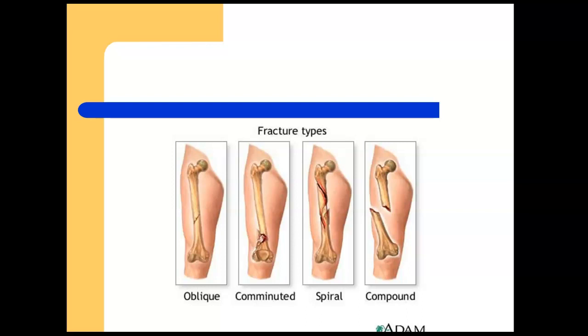An oblique fracture, a break occurs at an angle across the bone. The comminuted, a break has more than 3 fragments to it. Spirals from a twisting of the bone. And then that compound is right there. It's completely across the bone, and then you'll see it protruding from the skin there.